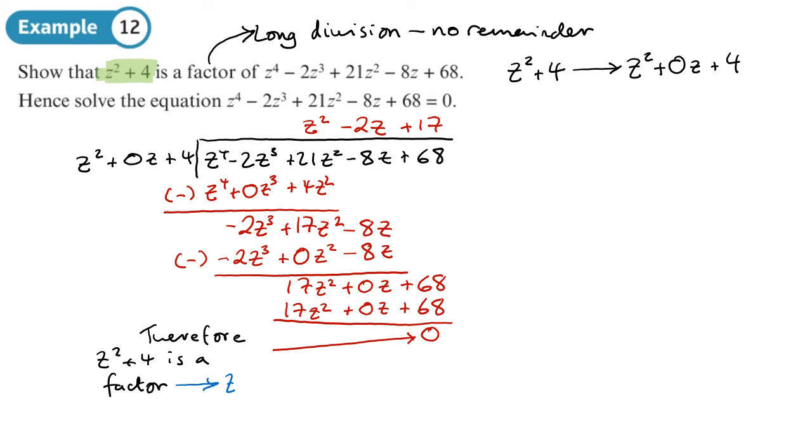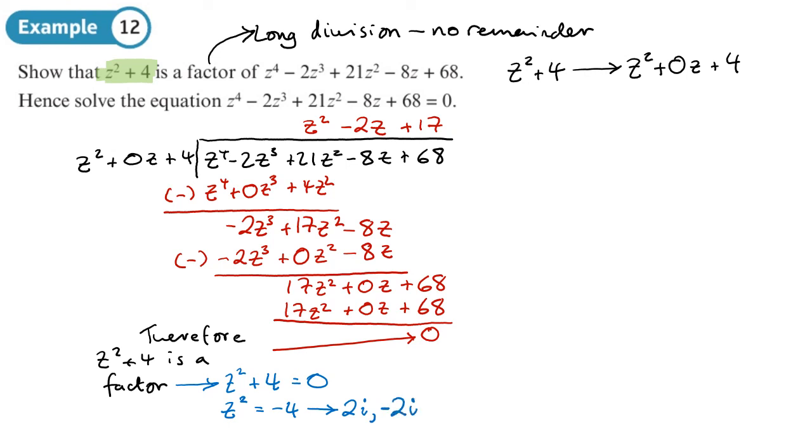Well, if it's a factor, that means z squared plus 4 will give you 0, which means that z squared equals minus 4, which gives us the roots. If you square root both sides, square root of negative 4, so 2i and negative 2i.